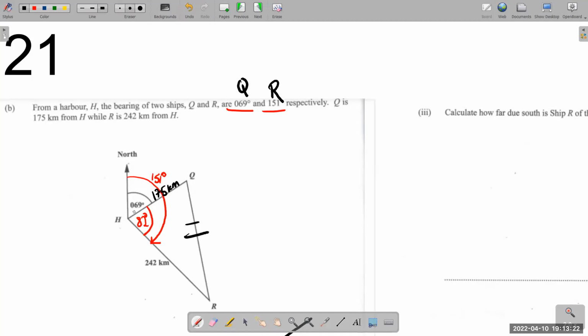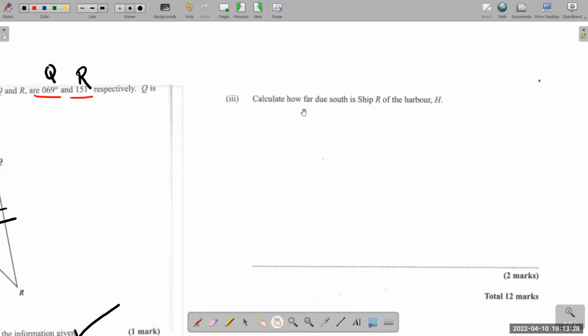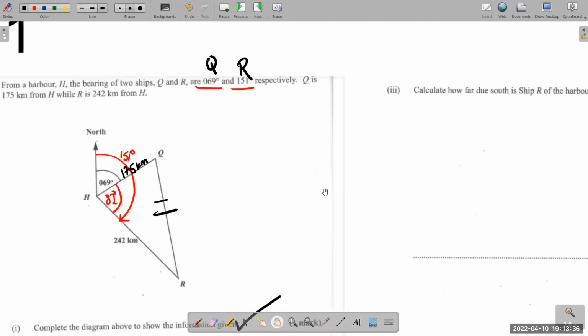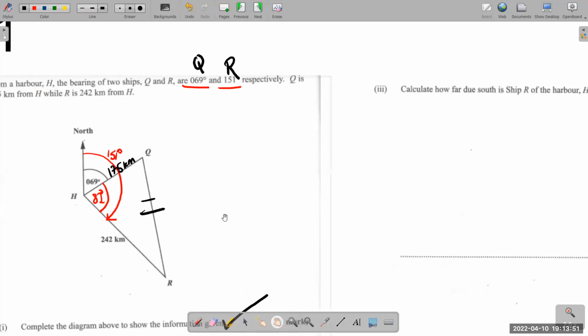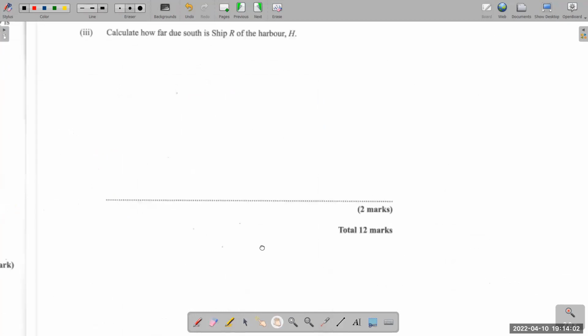All right, good. So guess what we're going to do now? They say calculate how far south is the ship R from the harbor H. So which distance are we looking for? Let me read that again. Calculate how far due south is ship R of the harbor H. Let me see how many marks this is. 2.